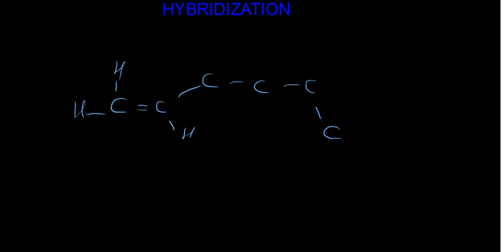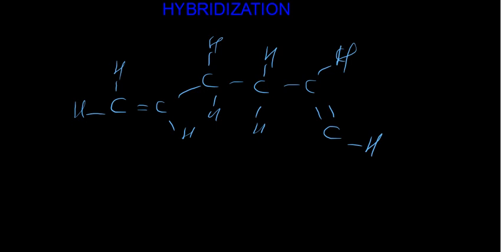So we can have a compound such as this. I want to determine how many sigma bonds are in this compound and how many pi bonds are in this compound. Okay, so let's first count the sigma bonds.